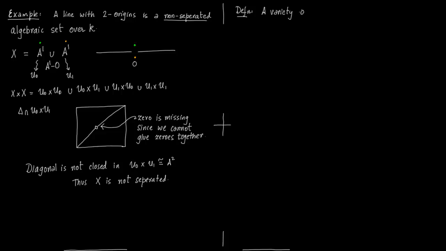A variety over K is a separated irreducible algebraic set over K. So a 0-dimensional variety is a point, a 1-dimensional variety is a curve, a 2-dimensional variety is a surface, and a 3-dimensional variety is a threefold.